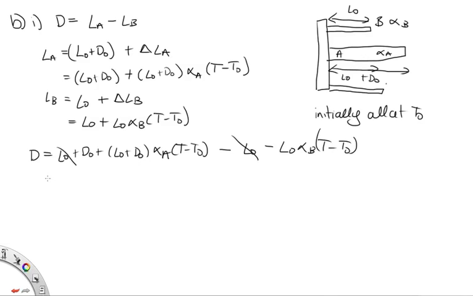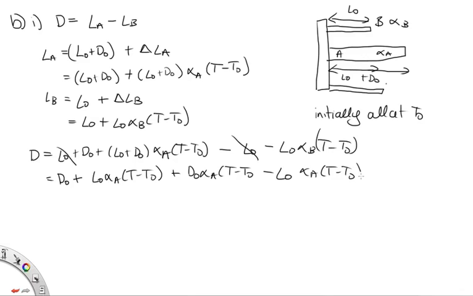And so this is equal to D naught plus, let's expand these brackets: L naught alpha A (T minus T naught) plus D naught alpha A (T minus T naught) minus L naught alpha B (T minus T naught). Let's put the terms with the D naughts together.